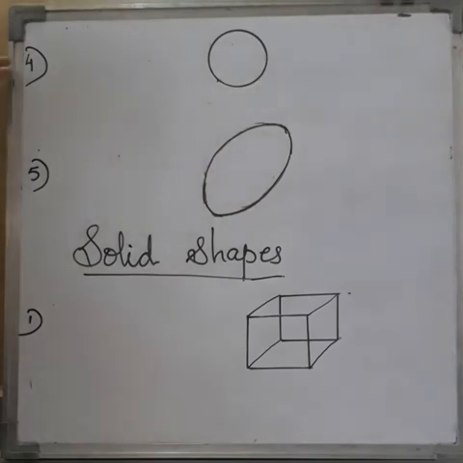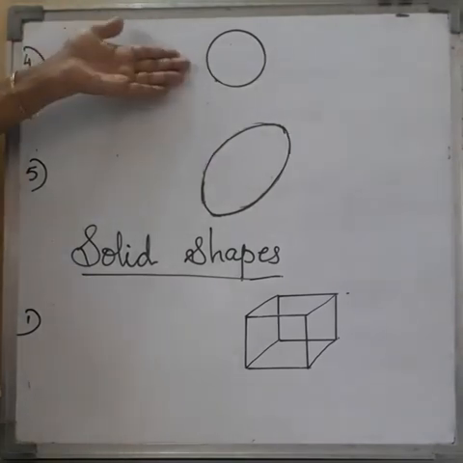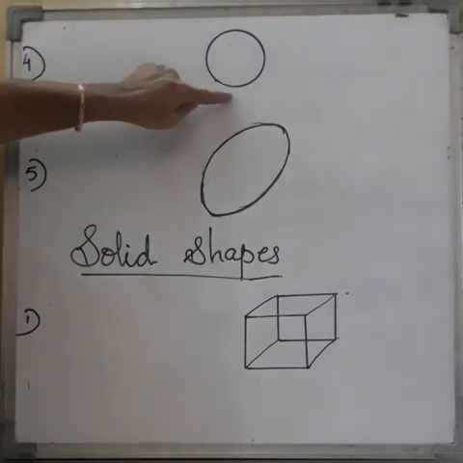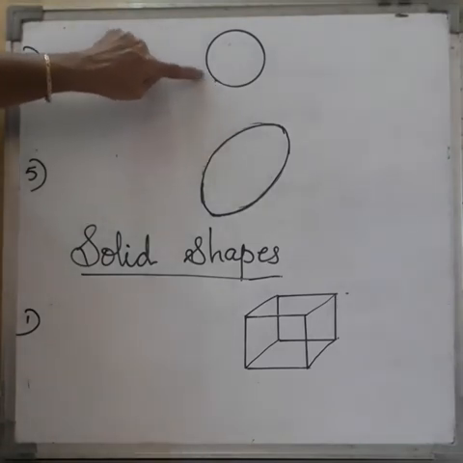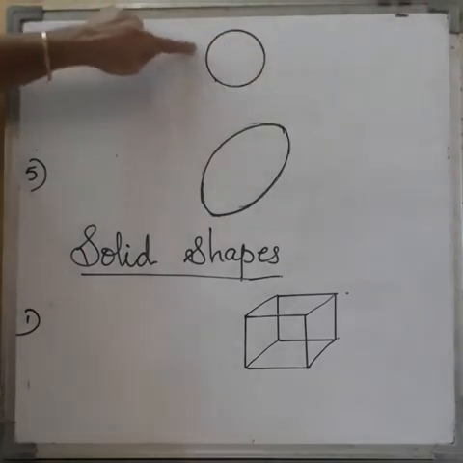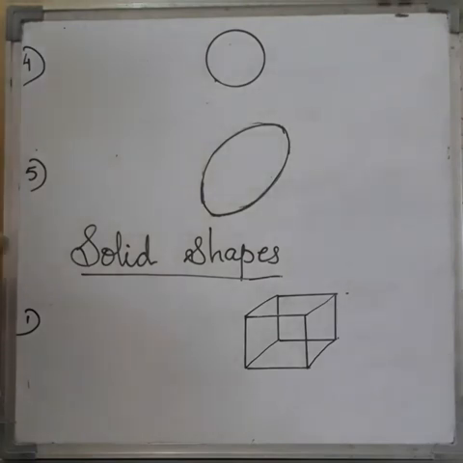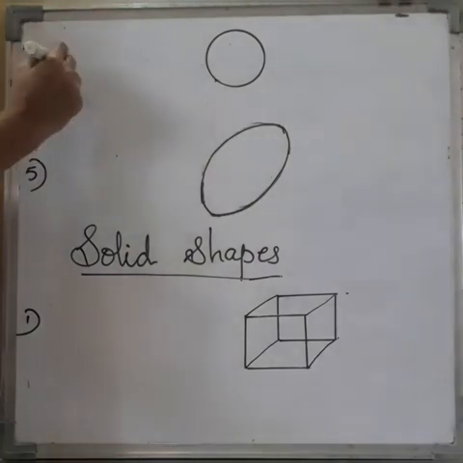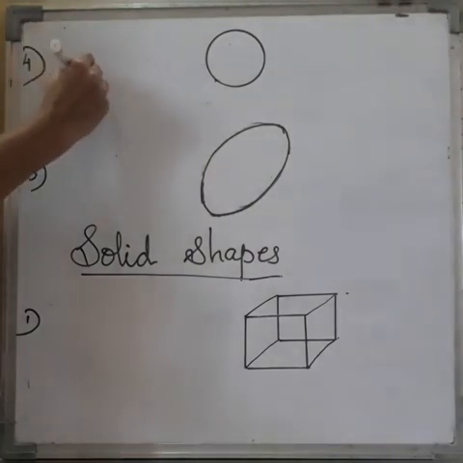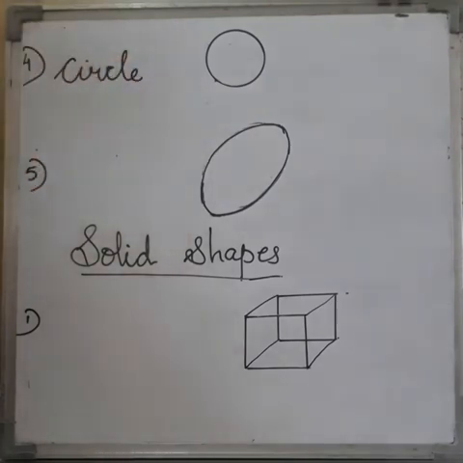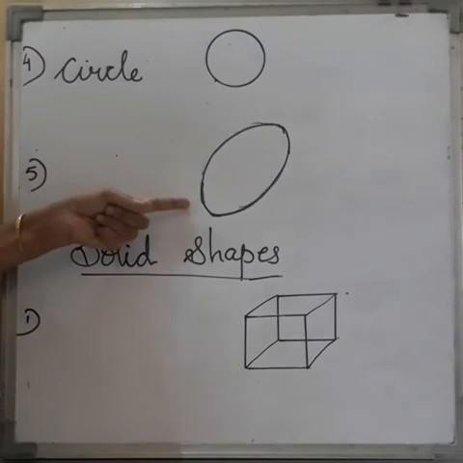And now the fourth one. See the picture. The fourth figure is a circle. And a circle has a curved side. So the name of this picture is circle. Next one is oval shape.